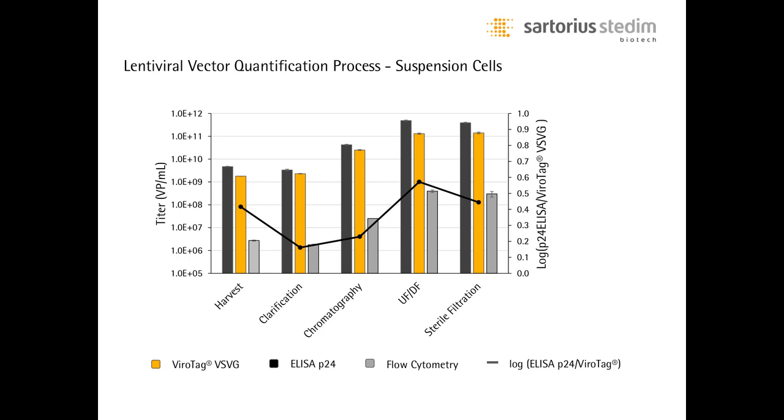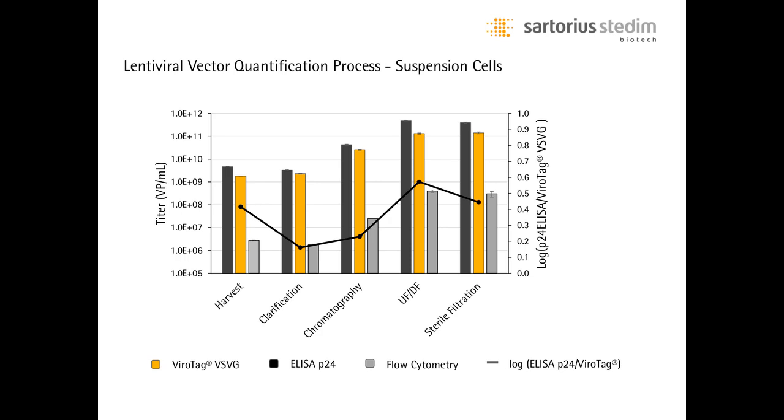Very similarly, Qpcr ran the same assay here for their suspension cell process, and the results still track closely with each other. The ELISA assay and the virus counter results are much more similar here than as seen for the adherent process. The different processes might be impacting the virus sample composition and possibly reducing the occurrence of free P24 proteins, causing the two assays to titer much more similarly.